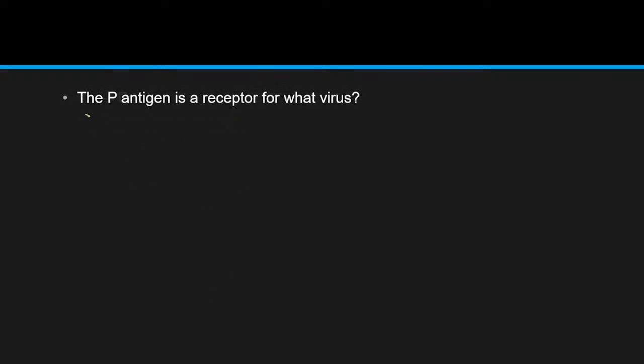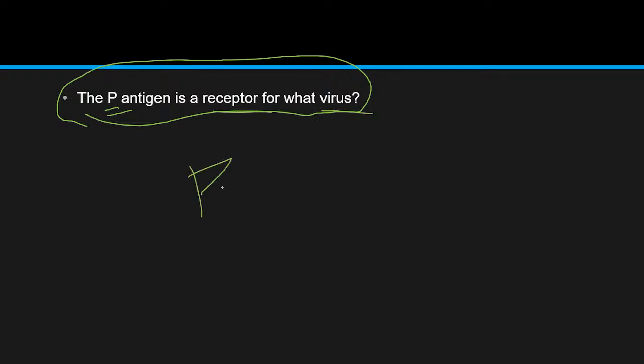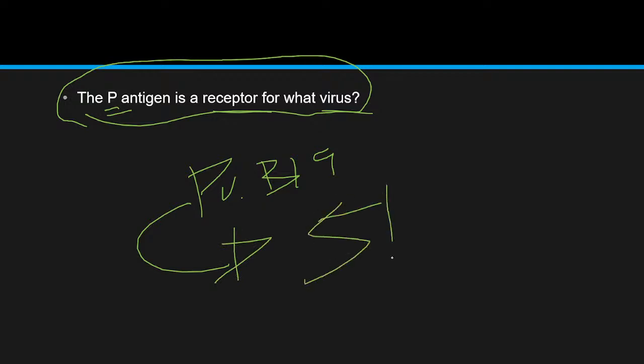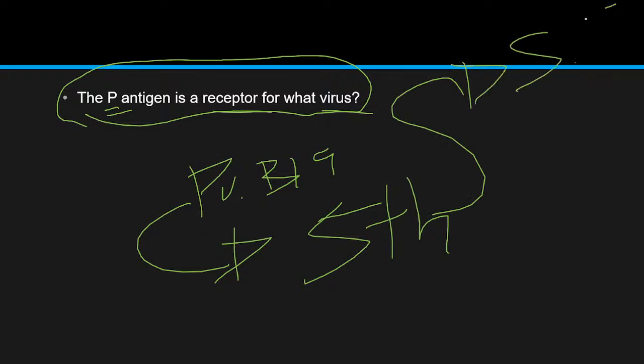All right. Now, the P antigen, the just P antigen, is a receptor for the parvovirus, parvovirus B19. It is the causative agent of the fifth disease, characterized by slap cheek appearance, or SCA for short because it's so long.